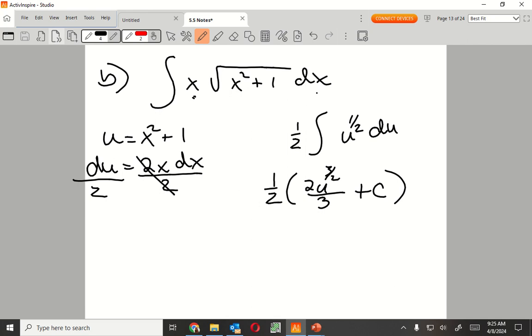Put that back in, so it's going to be, oh, not 2, because the 2's cancel, u to the 3/2 over 3 plus c. And then sub it back in, I get x squared plus 1 to the 3/2 over 3 plus c.